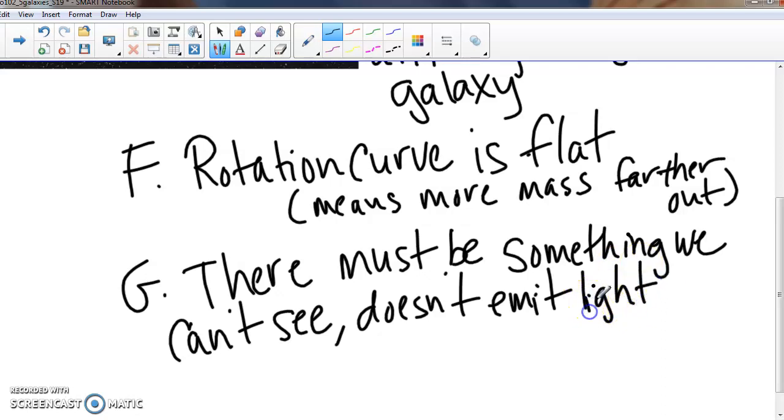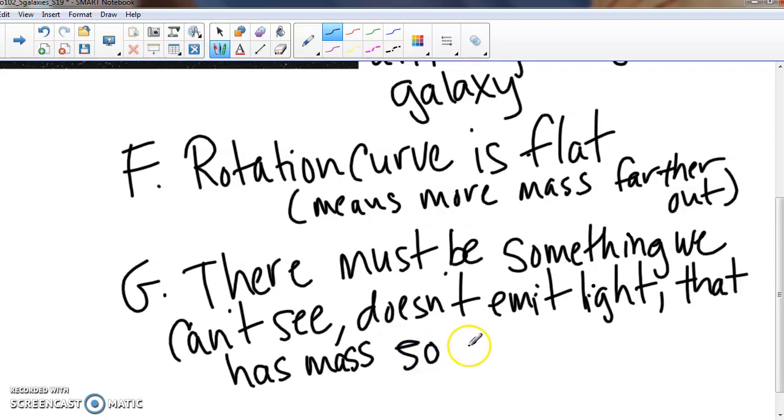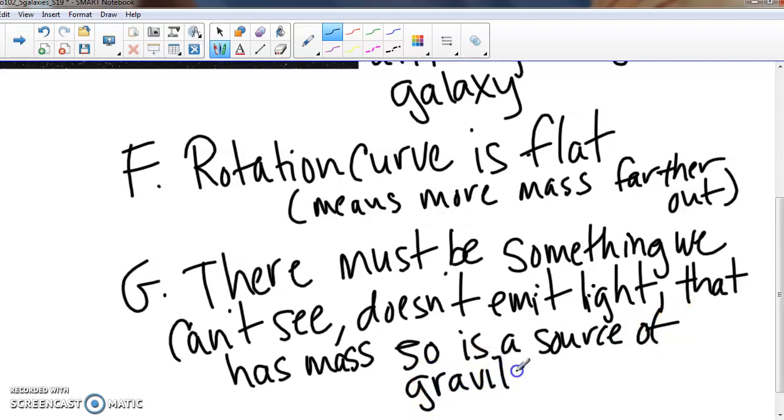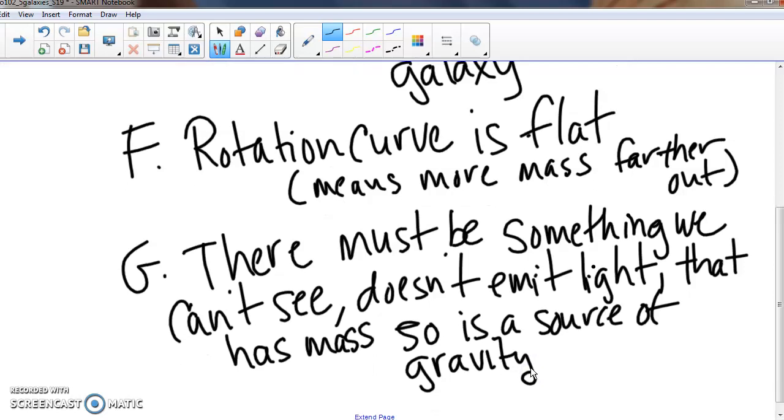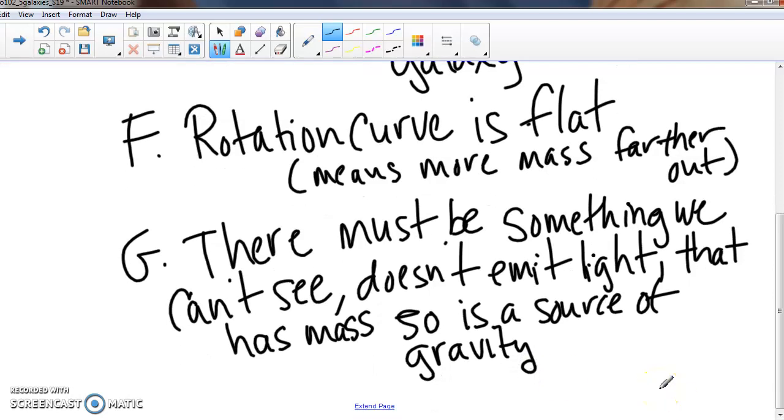Sorry, my eyes are coming out funky. There must be something we can't see that doesn't emit light, that has mass, so is a source of gravity. And what is that thing? We don't know. We're going to talk about some possibilities. That is dark matter.